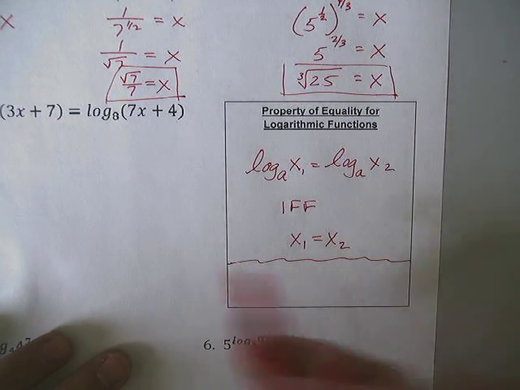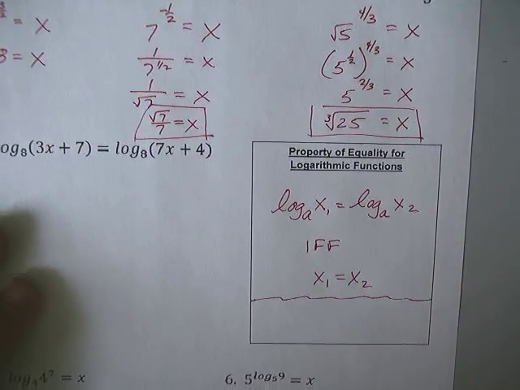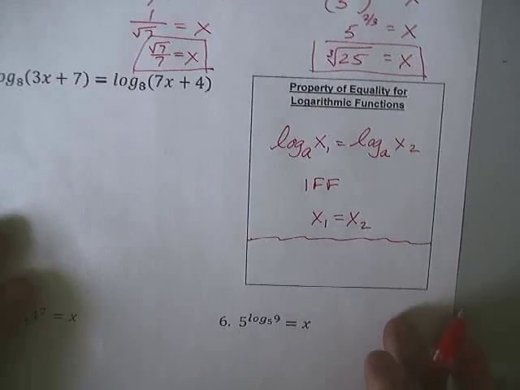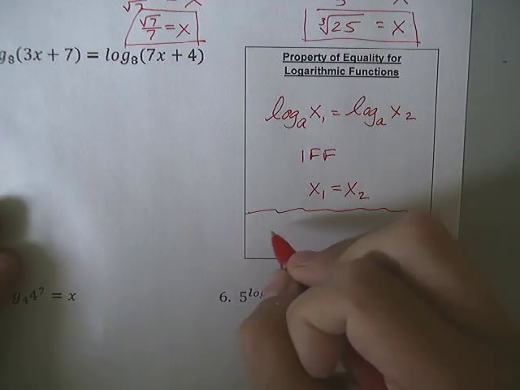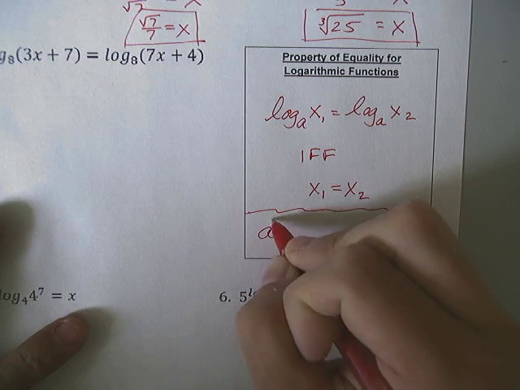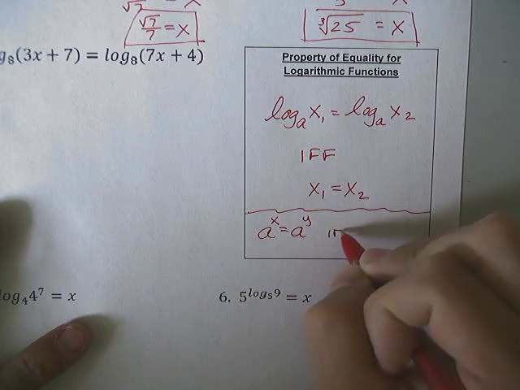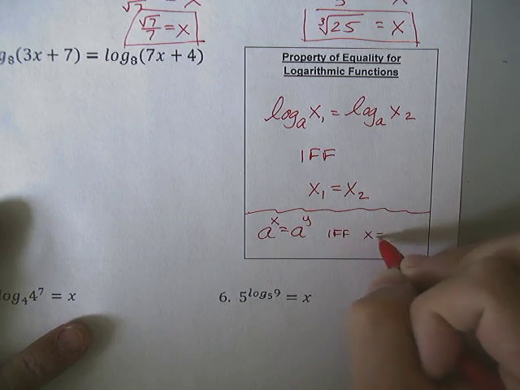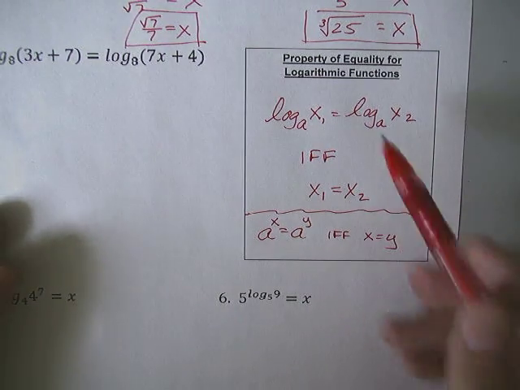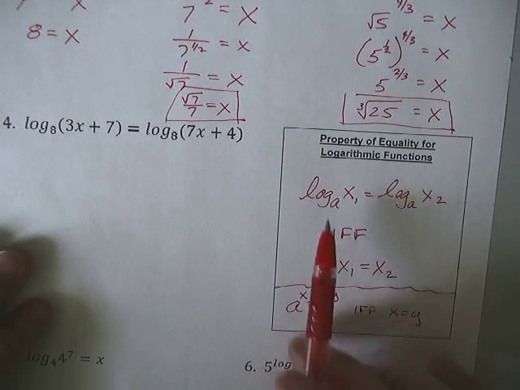We used it in the evaluate section: if a to the x equals a to the y, that's true if and only if x equals y. Well, this is the same sort of property.